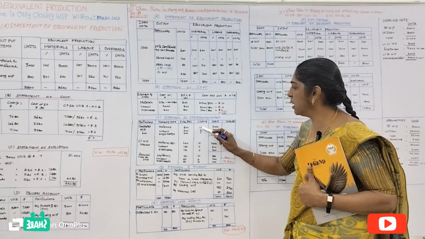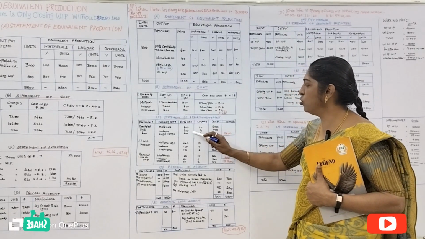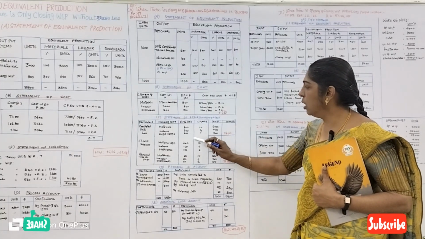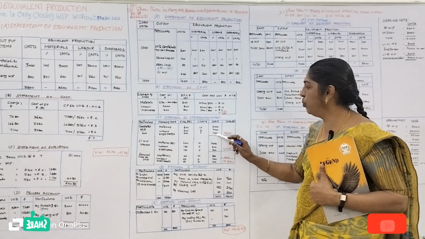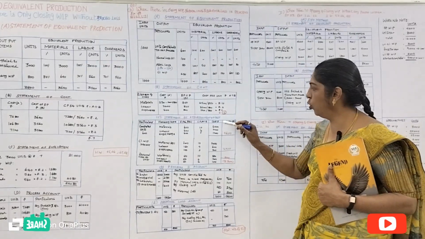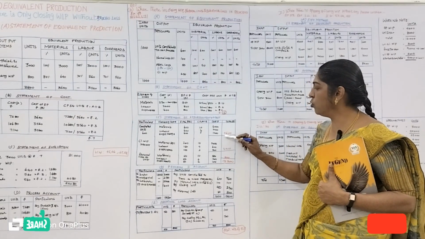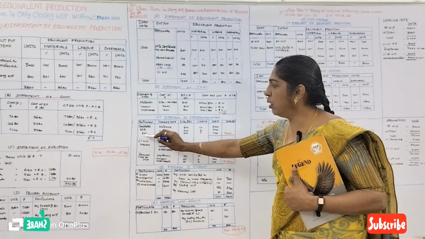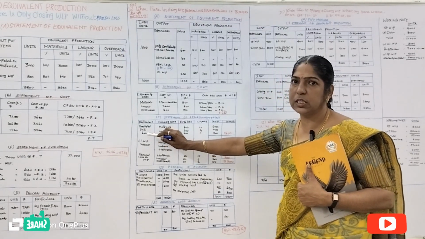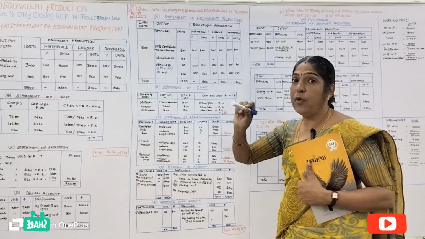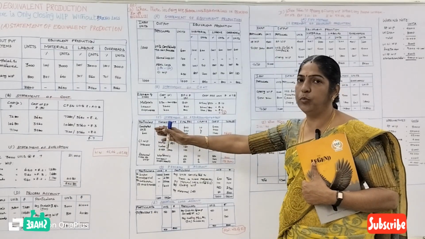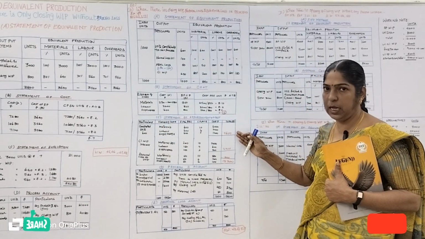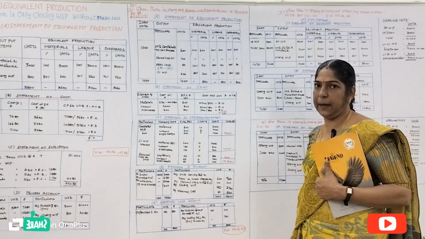After multiplying, 600 into 10 is 6,000 rupees, 600 into 4 is 2,400 rupees, and 600 into 2 is 1,200. The total cost is 9,600. The value of the output of 600 units is 9,600.